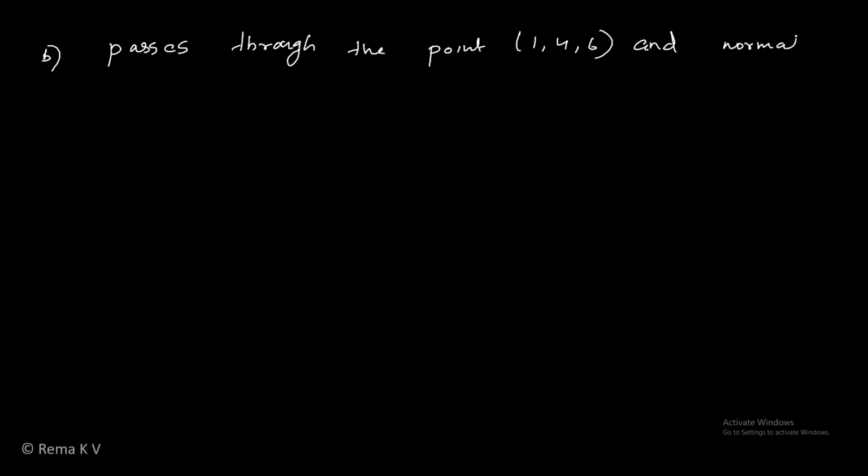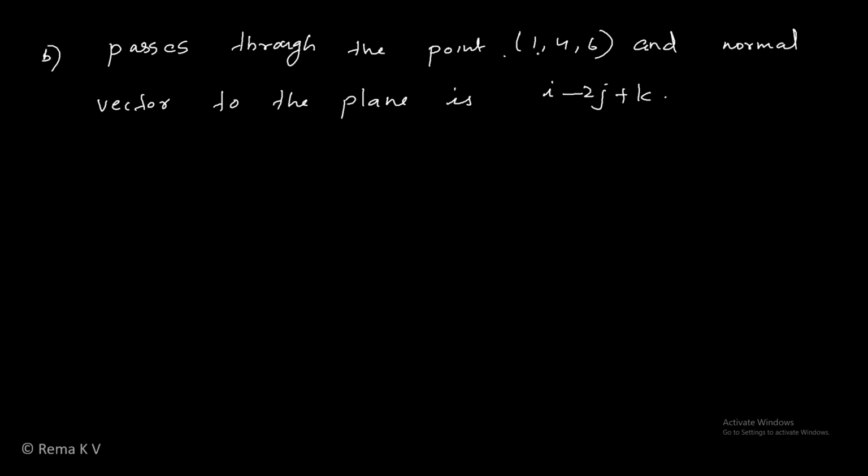Now the second question, it's the B part. The plane passes through the point 1, 4, 6, and the normal vector to the plane is i minus 2j plus k.